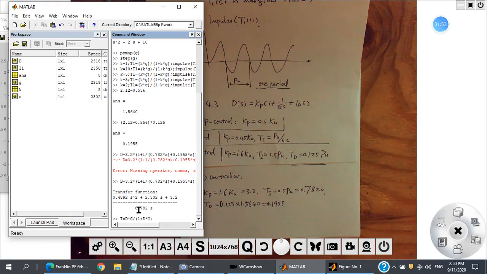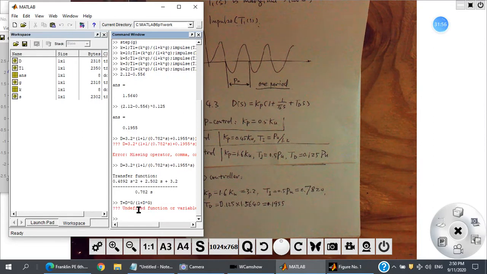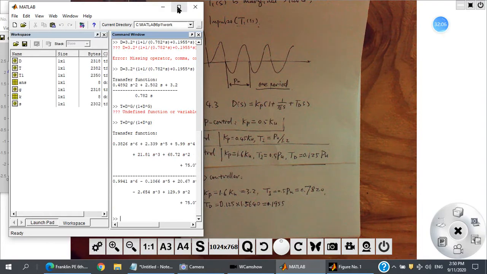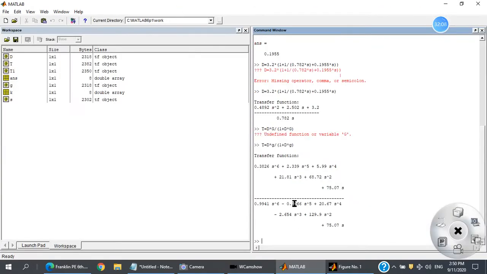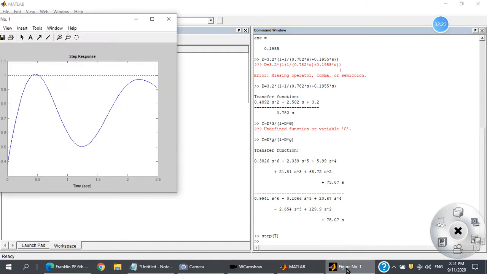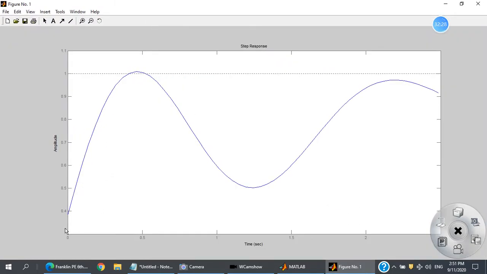So we can have this one. I use lowercase for G. So the whole transfer function T, we can see what is the step response of this T. Looks like this.